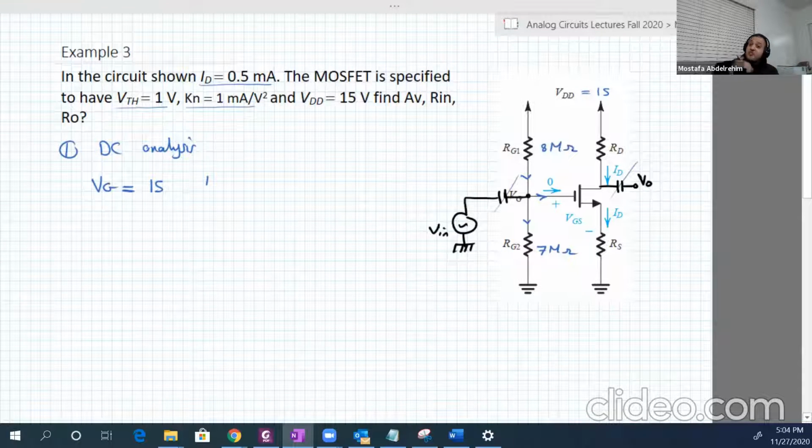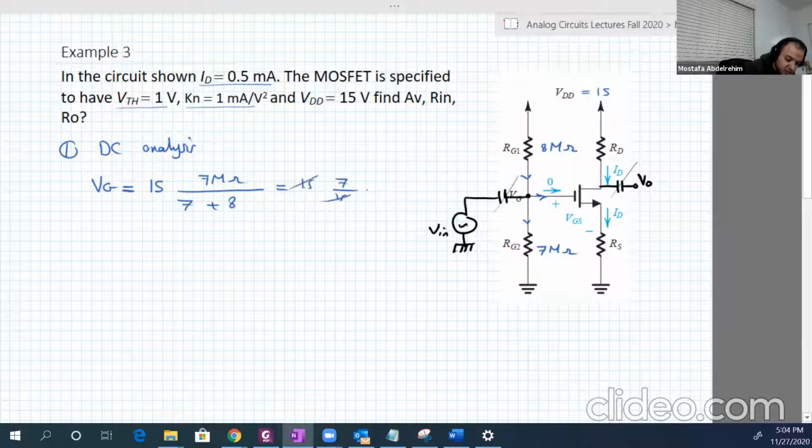We usually choose them very big like this, for reasons that we're going to see afterwards. So VG will be 15 multiplied by 7 mega ohms, over 7 mega plus 8 mega. So 15, 7 over 15, it will be 7 volt.